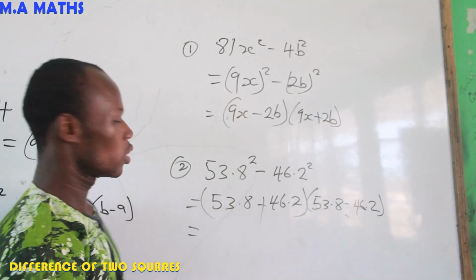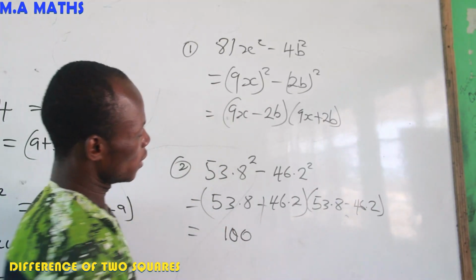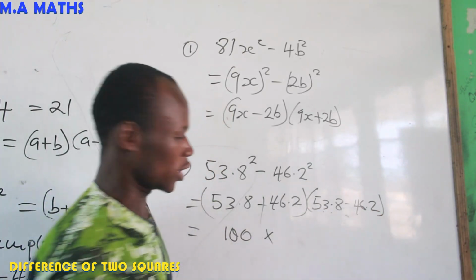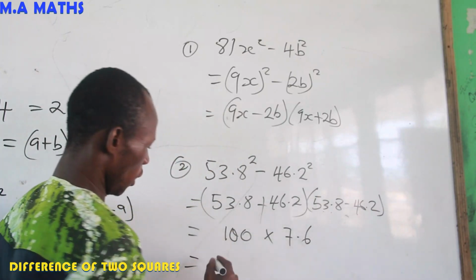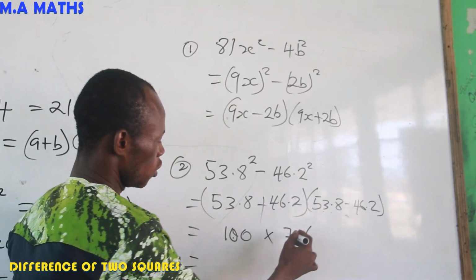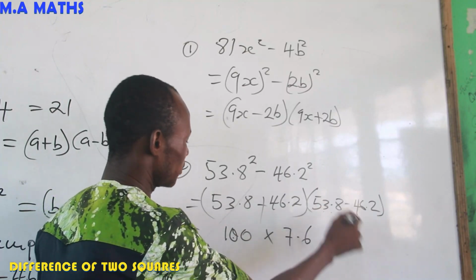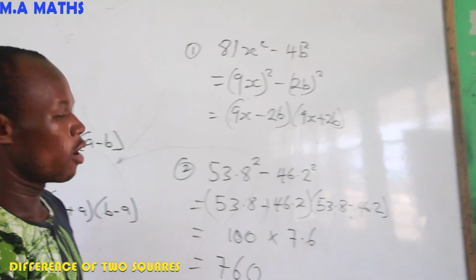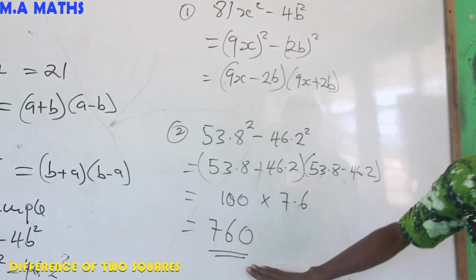When you add these two, you will get 100, multiplied by 53.8 minus 46.2, which gives 7.6. When you multiply this one, it's simple. We have two zeros, so we just remove the decimal point 2 times. That gives me 760. Therefore, this is our answer for the two.